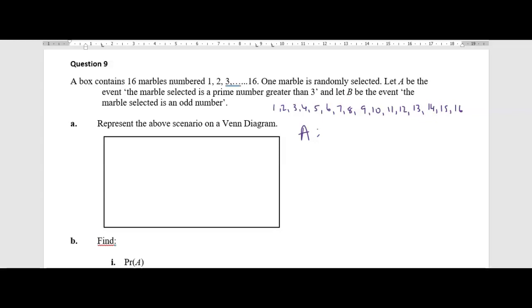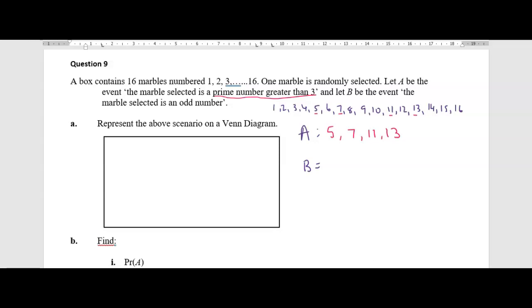So we want a prime number greater than 3. So 4 isn't prime, 5 is, 7 is, 8 isn't, 9 isn't, 10 isn't, 11 is, 13 is, and 14, 15, 16 aren't. So 5, 7, 11, 13.